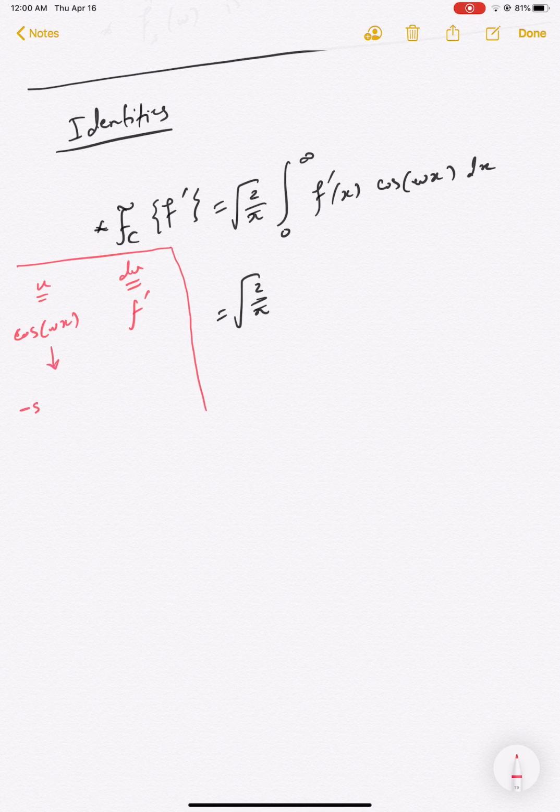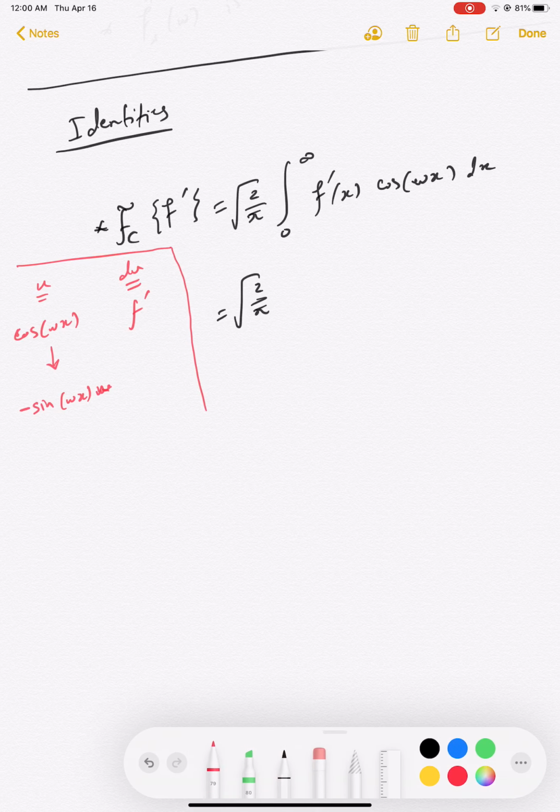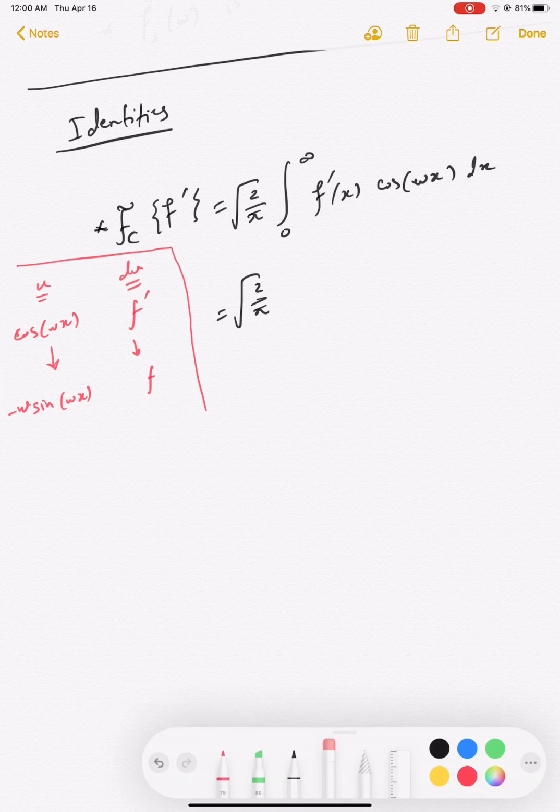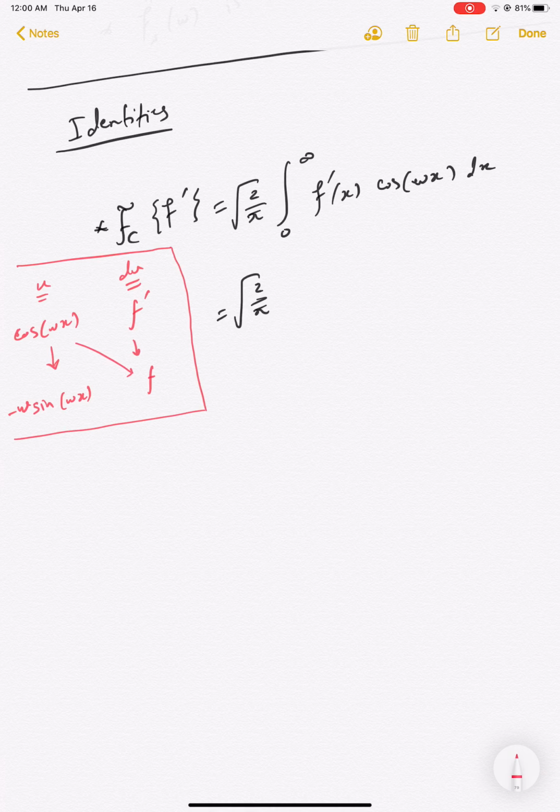So when you differentiate this, you get minus sine omega x times omega, so this is minus omega, and when you integrate dv you get f. Integration by parts gives you f of x times the cosine, plus omega times the integral of f of x times the sine, right?